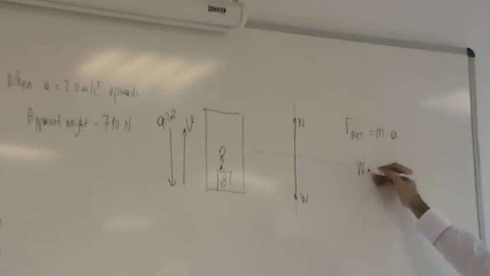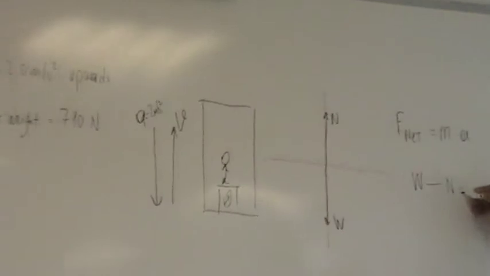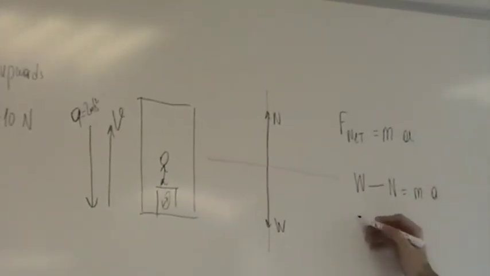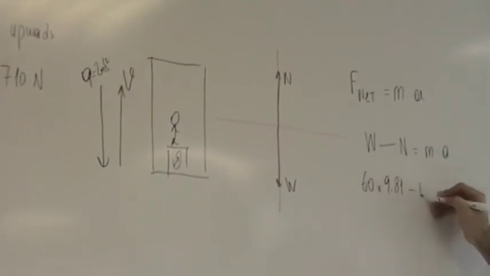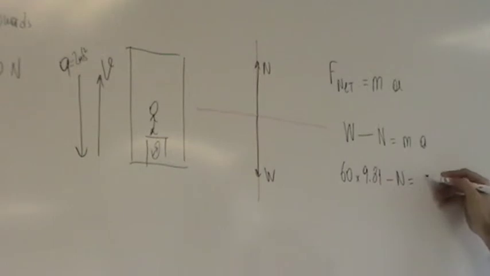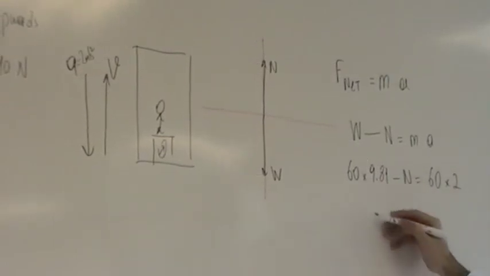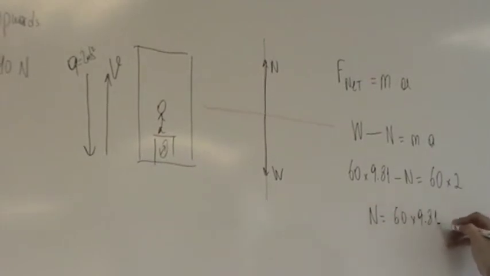Therefore, the weight of the object should be greater than the normal force, and the difference is equal to mass times acceleration. Weight is 60 multiplied by 9.81, minus normal force, is equal to mass, 60, times 2. And the normal force here is going to be 60 times 9.81 plus 120 newtons.